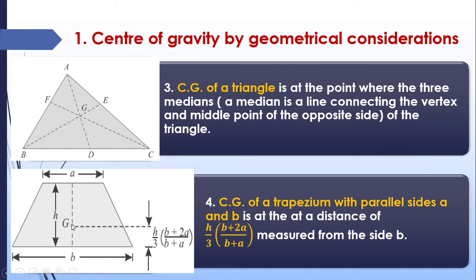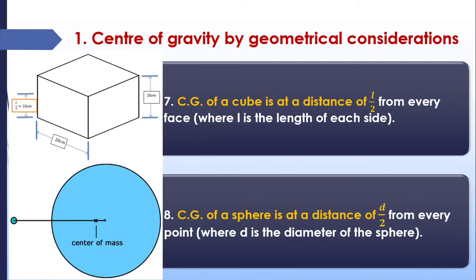Okay. In the case of a cube, you all know it is a geometrical figure having all sides equal. So that is known as a cube. If the side of a cube is L, then the center of gravity of that cube lies at a point where all the L by 2 meet: L by 2 from here, L by 2 from here.